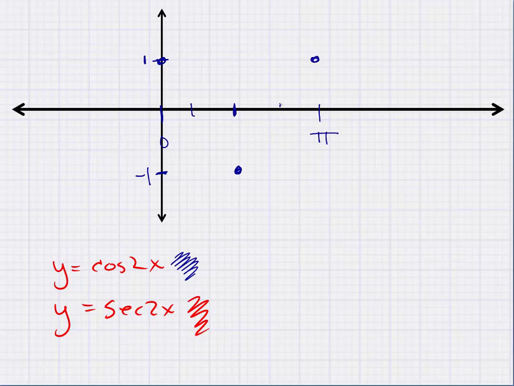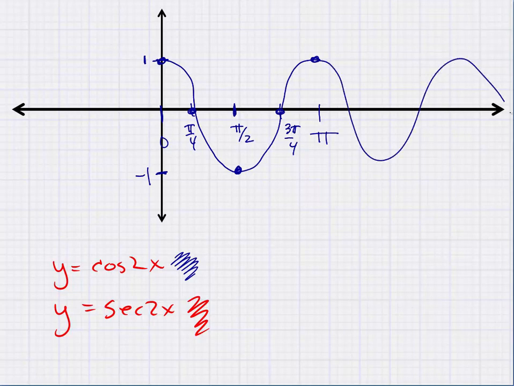In between those two are two x-intercepts. So my graph should look like this. That's cosine. Then I'm going to label some of this. If this is 0, this is pi fourths, this is pi halves, this is 3 pi fourths. Remember though, my cosine graph does repeat itself over and over again, but I'm just looking at one period.